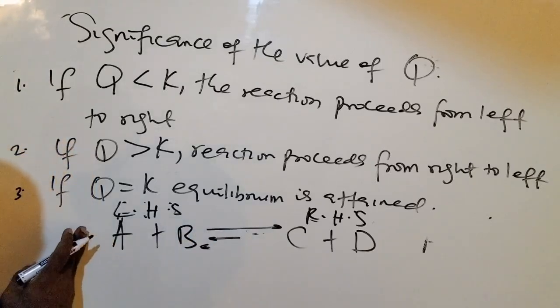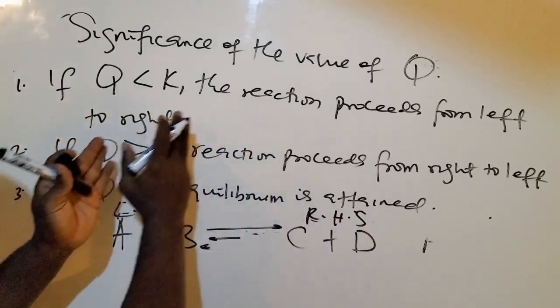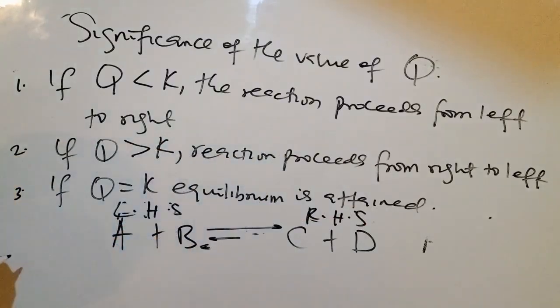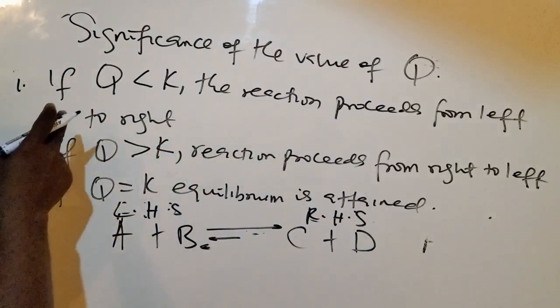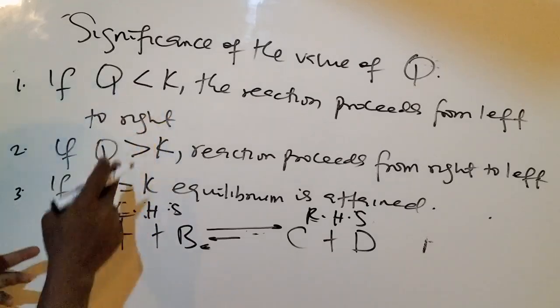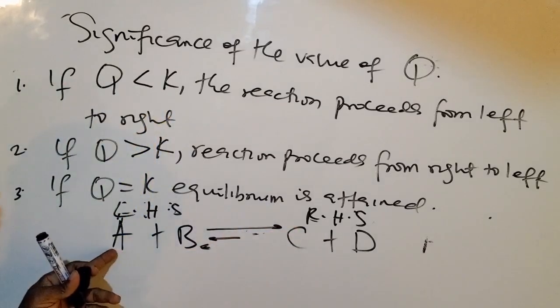We are getting more product than reactants. So when Q is less than K, we are getting more product than reactants.